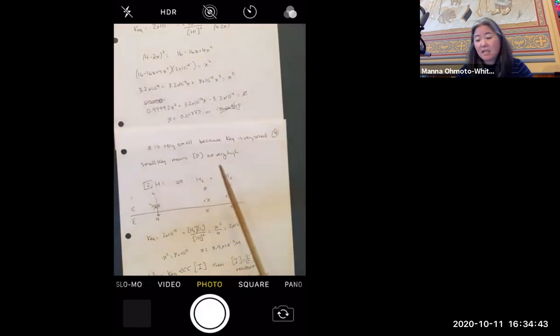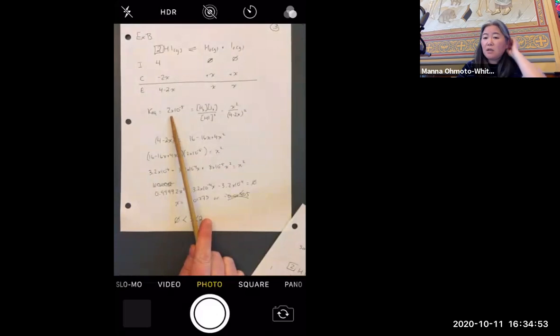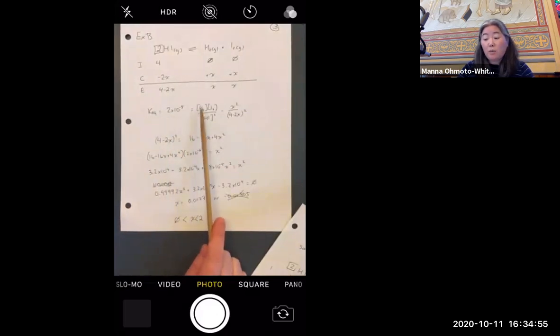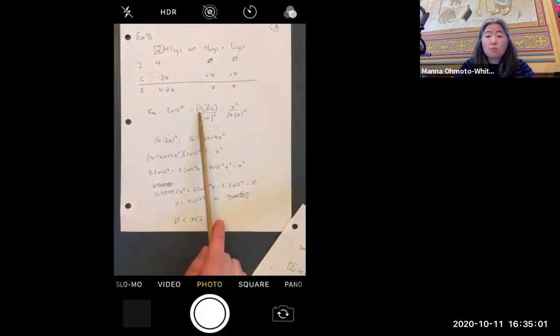It makes sense because my Keq value is very small, right? So remember that my Keq value is 2 times 10 to the negative fifth. My Keq value gives me a sense of my ratio of my products over my reactants. And if this is very small, this means that I won't make much product for the amount of reactant that I'm giving, right? Because it's a ratio. My numerator is going to be very small.